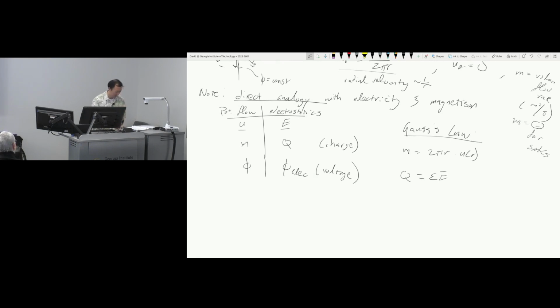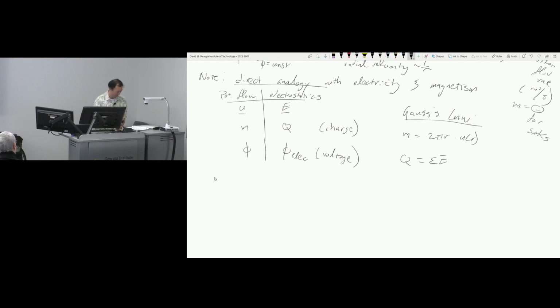There's a couple methods you can use to solve problems. You can use superposition. We talked about the Laplace equation, where the right-hand side is 0. So remember, del squared phi is equal to del squared psi is equal to 0.